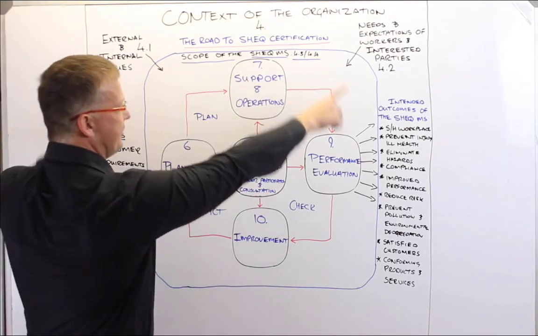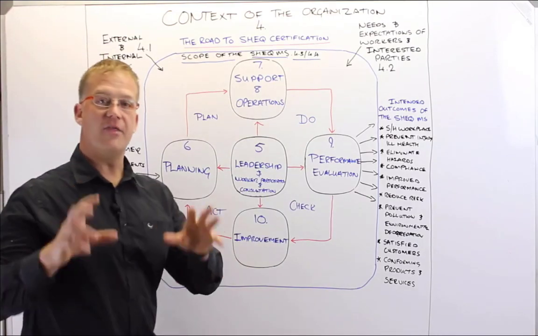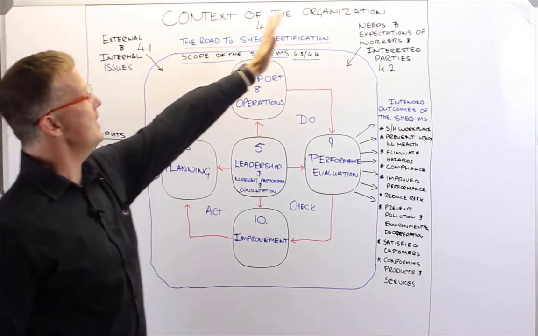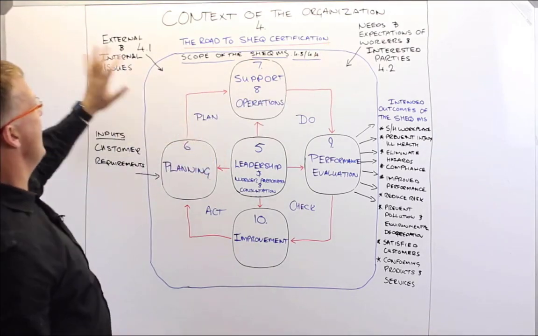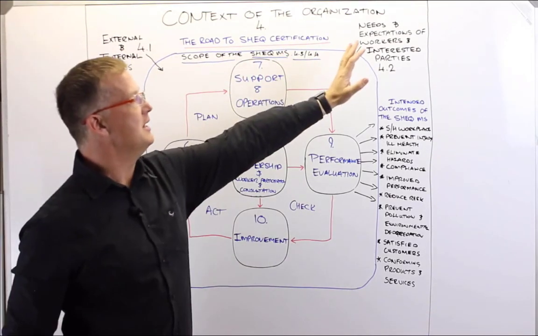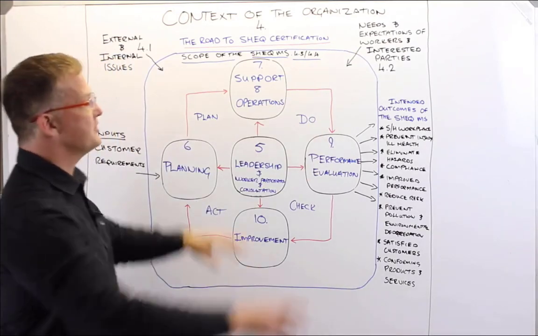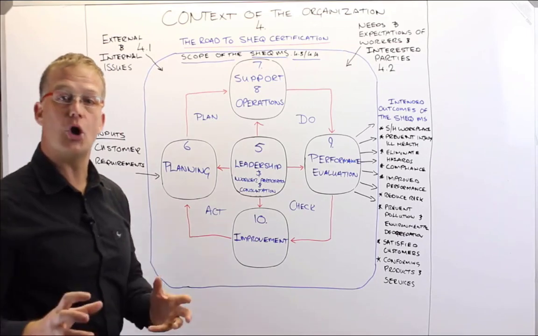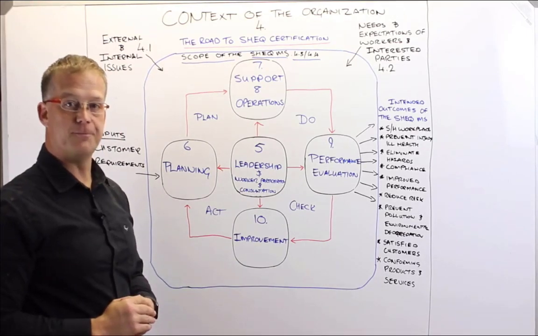So as you can see within the blue area over here, that is the scope of our SHEQ management system. So Clause 4 is the context of the organization, internal and external issues, needs and expectations of workers and interested parties. That helps us to then define the scope of our SHEQ management system.